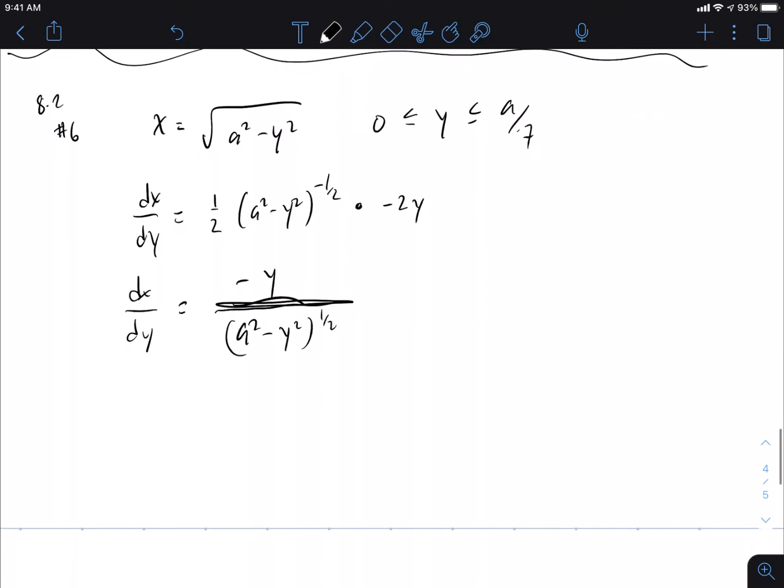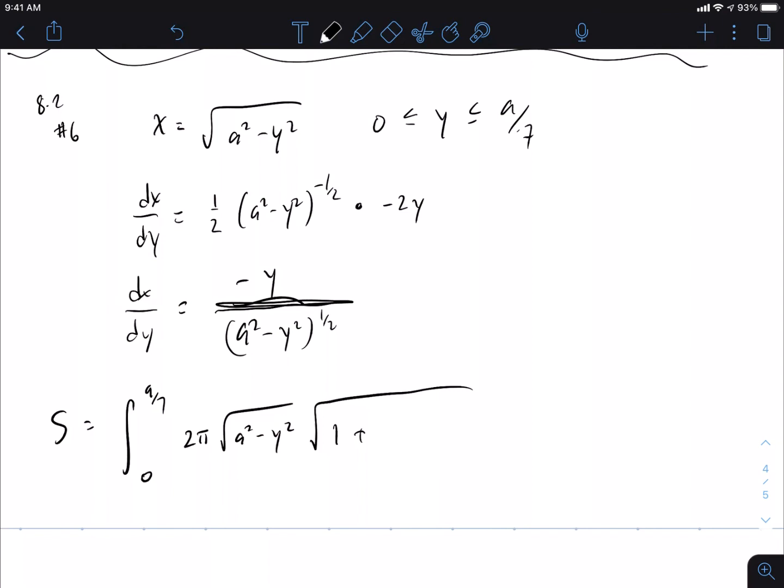So then from there, I know my surface area is going to be the integral, and it goes from 0 to a over 7. Yes? Two pi, and it's going to be x, because we're rotating about the axis. So that's going to be root a squared minus y squared, root 1 plus the dx/dy squared.